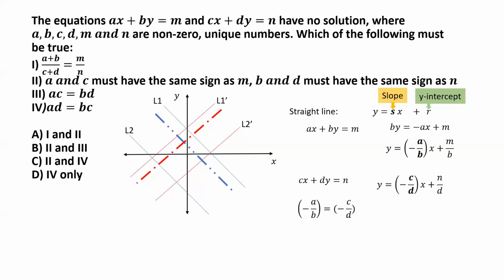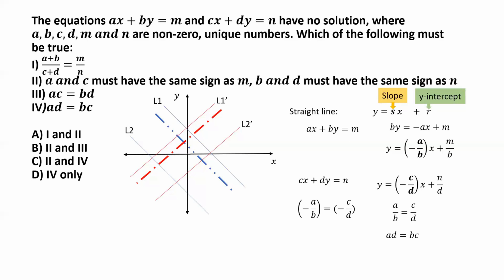So minus a by b needs to be equal to minus c by d. Then we can cancel out the negative sign, and we have a by b is equal to c by d. Since it's given in the problem that these are all non-zero quantities, we can cross multiply, and this is the relationship we arrive at.